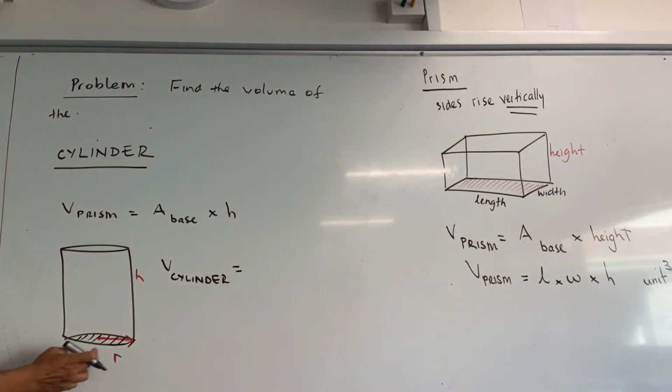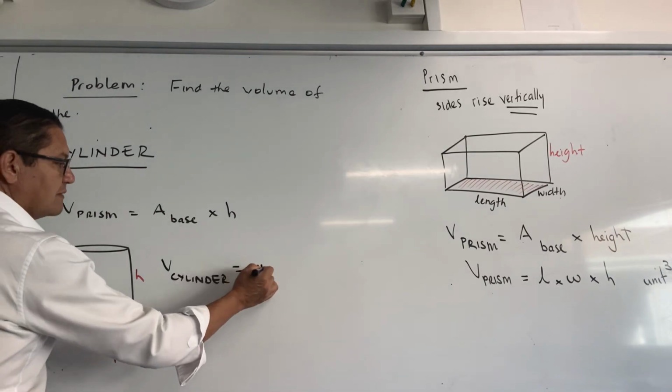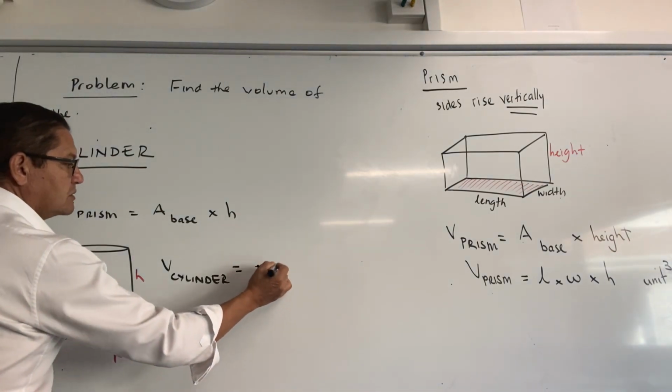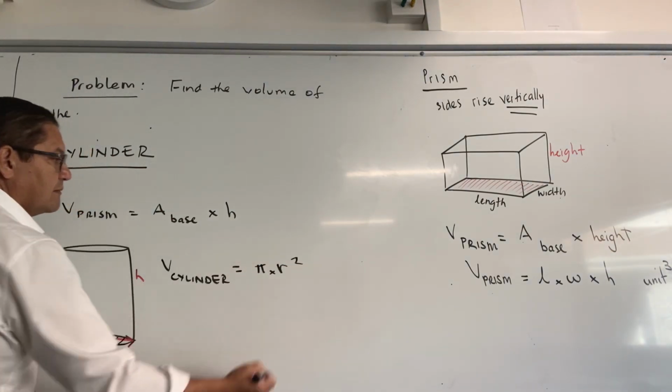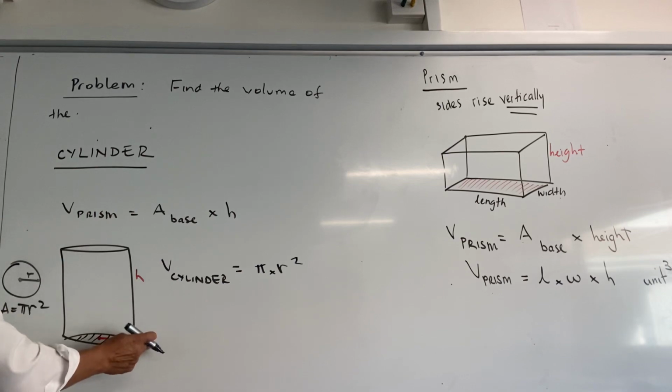Well, the area of the base is just a circle. Circle looks like this. And the area of a circle is pi r squared. So if the base is a circle with a radius r, then the area of the base is pi times r squared. Yes? And then that's the height.